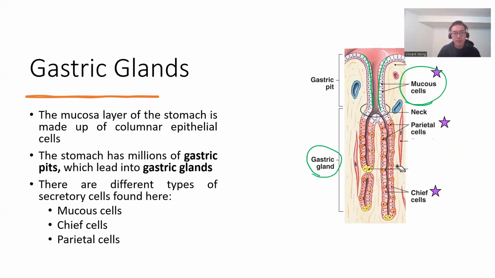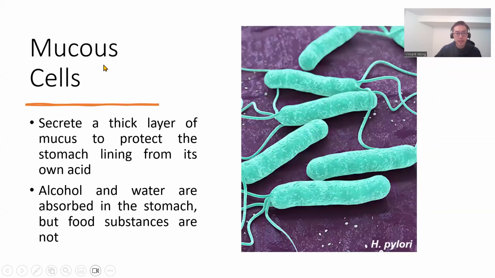There are 2 types of cells in the gastric gland that we're going to talk about: the parietal cells and the chief cells. So 3 types of secretory cells. These are cells that can secrete stuff. The mucus cell secretes a thick layer of mucus to protect the stomach lining from its own acid. The HCl is not going to digest the stomach because of this thick mucus layer.